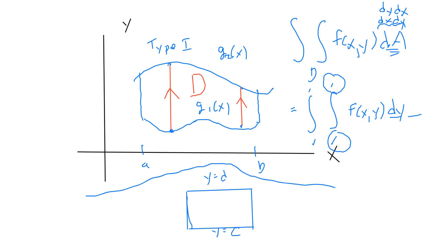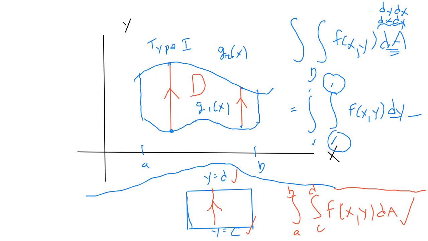In other words, you're bounded below by a constant function, y equals c, and bounded above by a constant function, y equals d. So what you're used to seeing is this. How many are very used to that from section 12.2? Very used to this kind of integral.